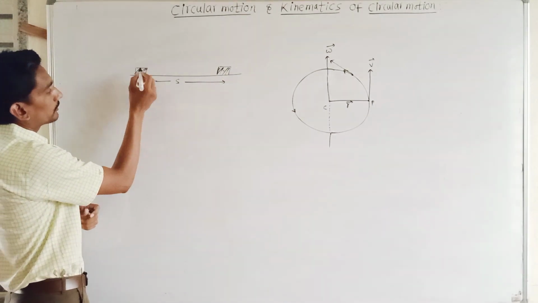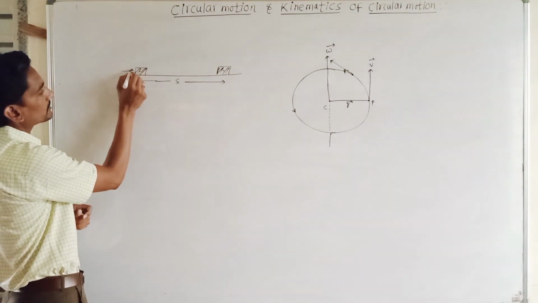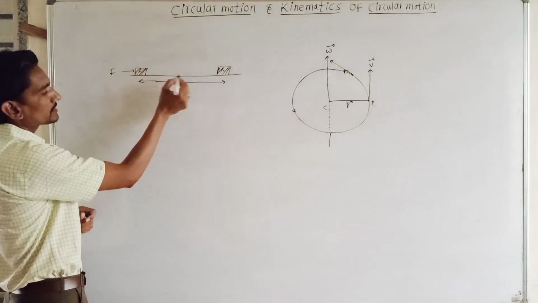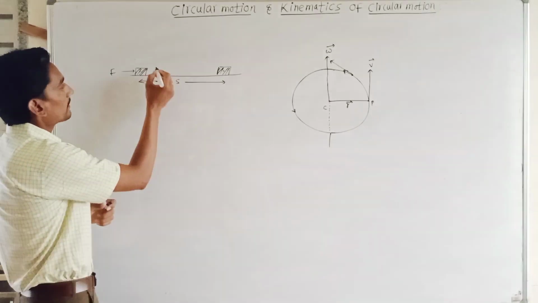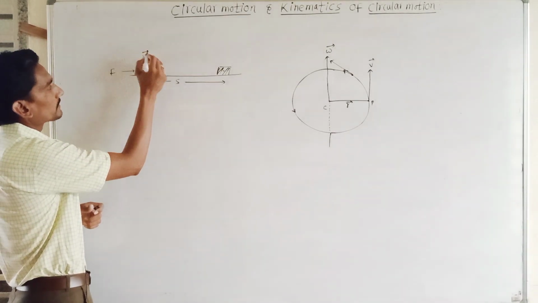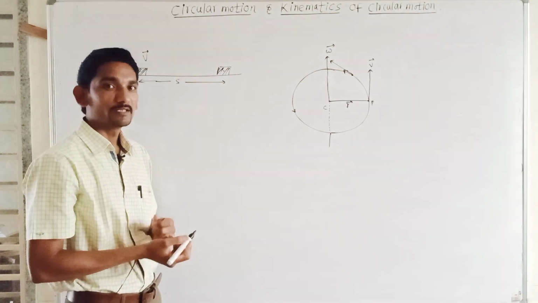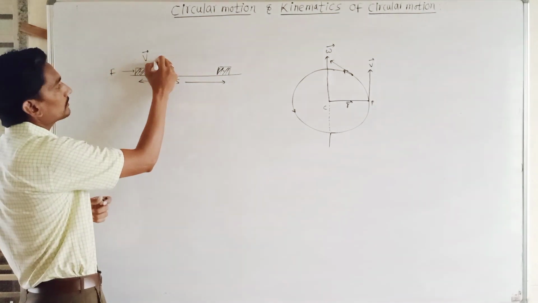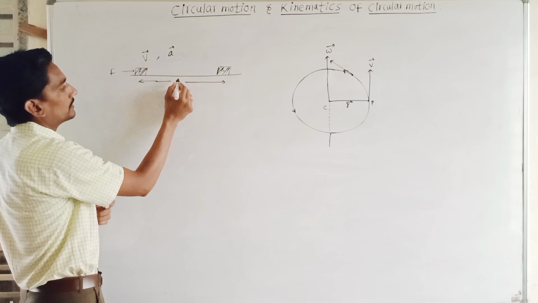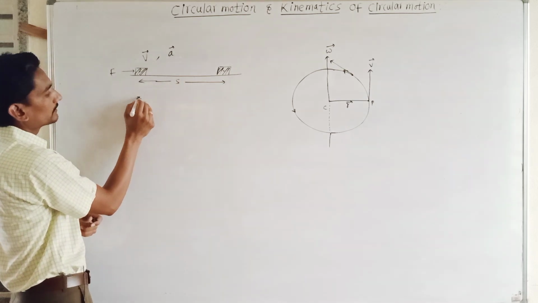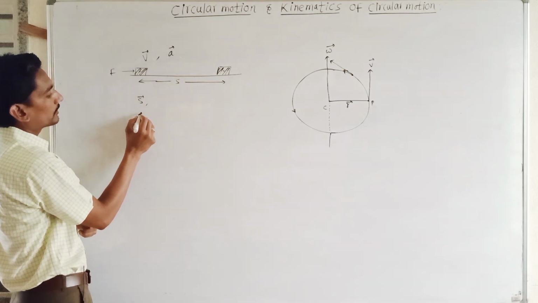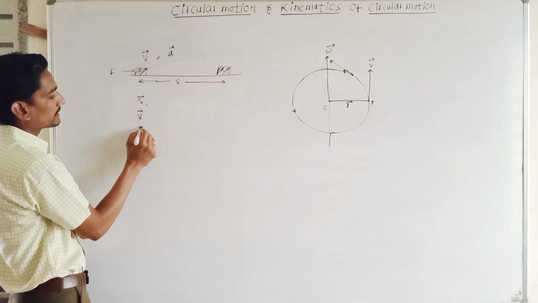Then velocity: if we apply a force, then the object is moving with a certain velocity. And if the object is in motion, then it has acceleration. So displacement, then velocity and acceleration.